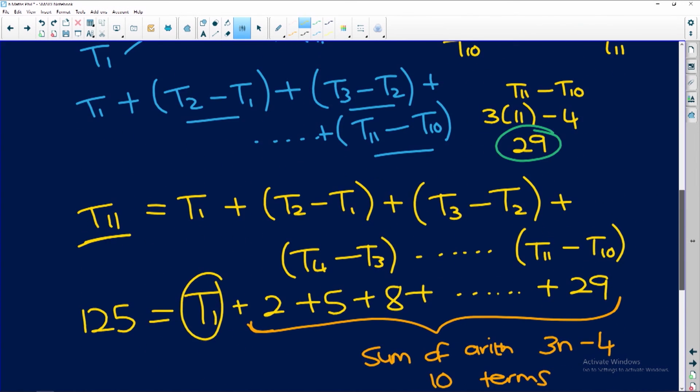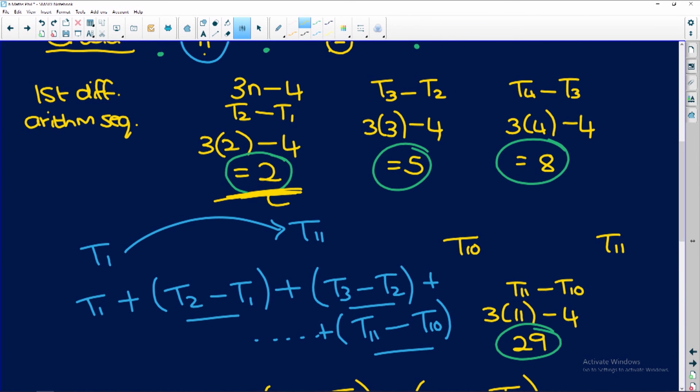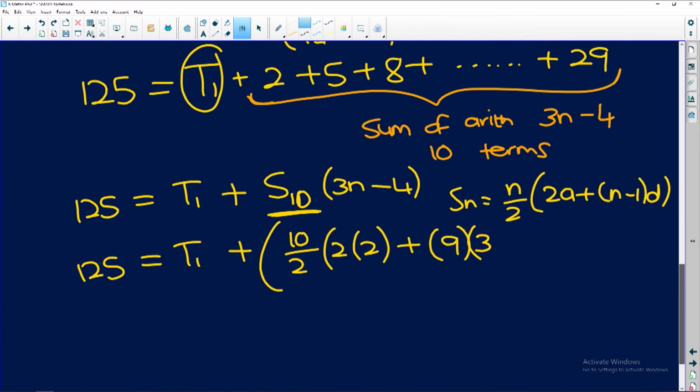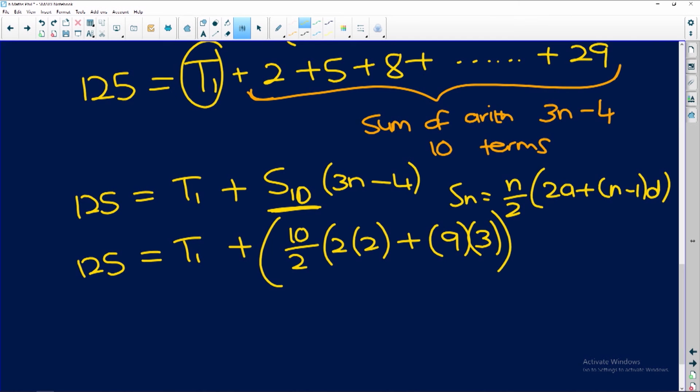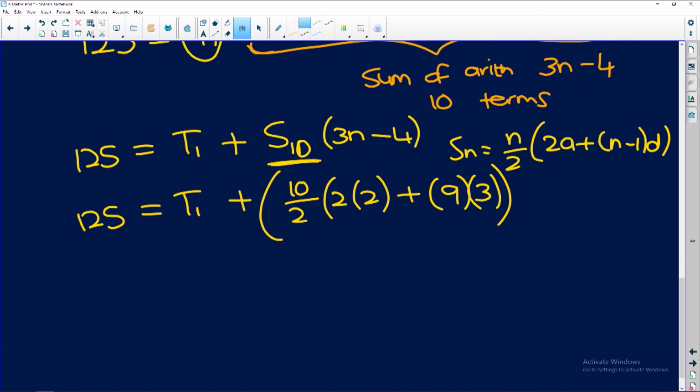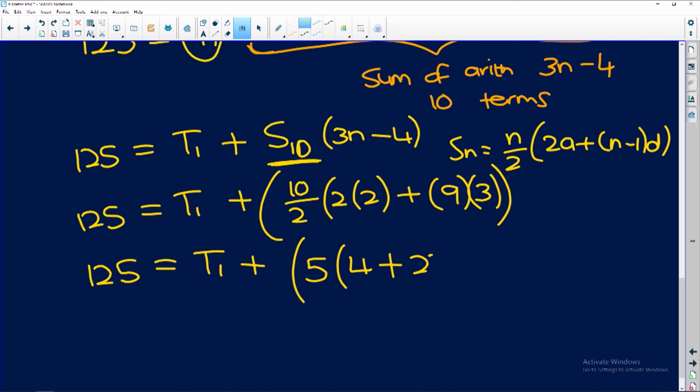Okay? I hope you guys have seen that. The difference between these terms here is 3. So if you substitute those all into that formula, you should get the answer. So 125 is equal to term 1 plus, let's simplify this. 10 over 2 is 5 into 2 multiplied by 2 is 4 plus 9 multiplied by 3 is 27.